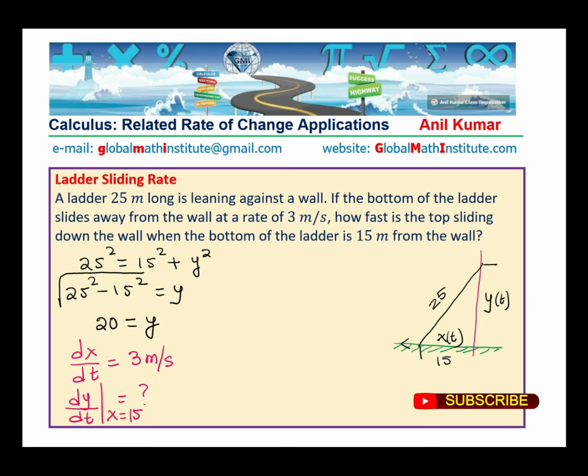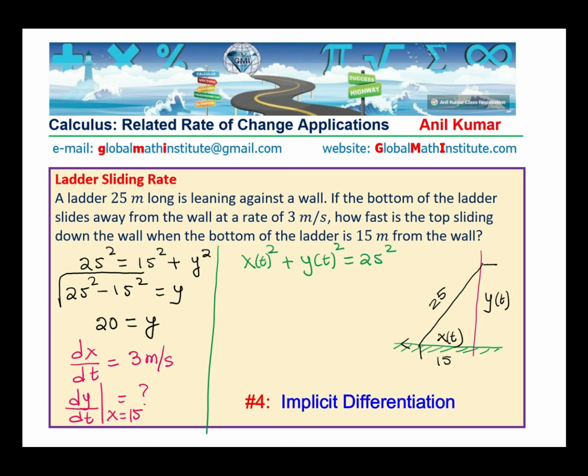So in the given situation, we need to first write down how these parameters are related. 25 is constant, so we know that x(t) square, the horizontal distance, plus y(t) square should be equal to 25 square at any instance of time.